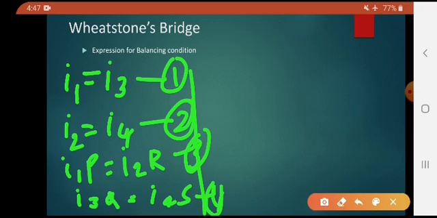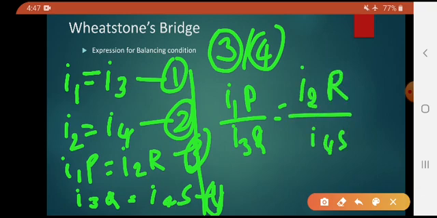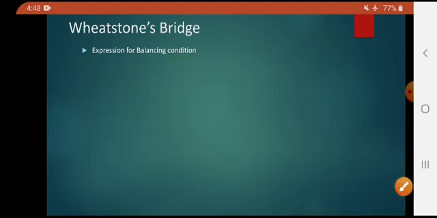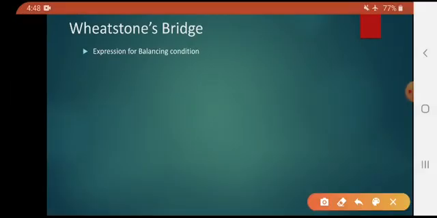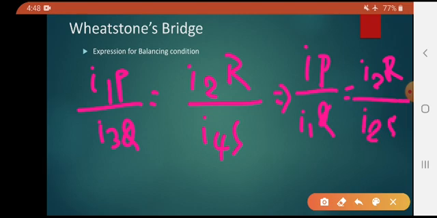So I1P by I3Q equals I2R by I4S, right? But we know that I1 equals I3 and I2 equals I4, so you can write it as I1P by I1Q equals I2R by I2S.